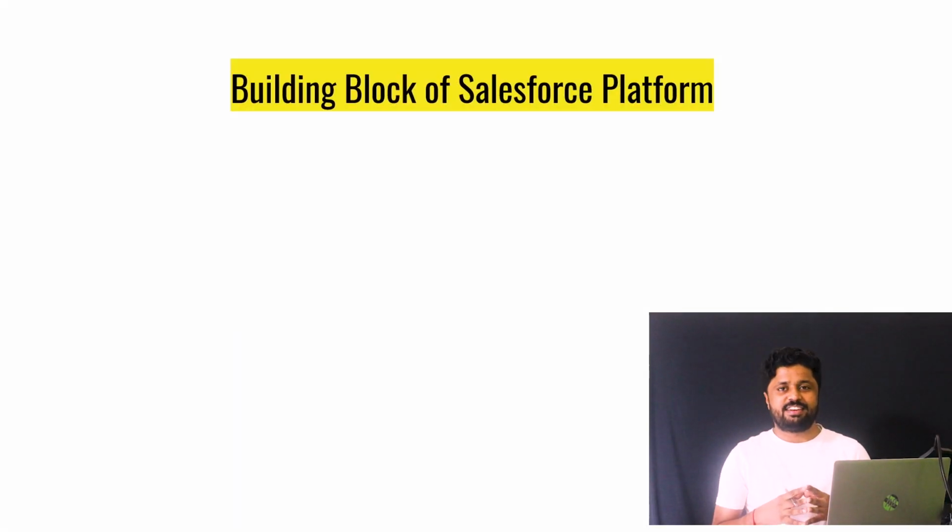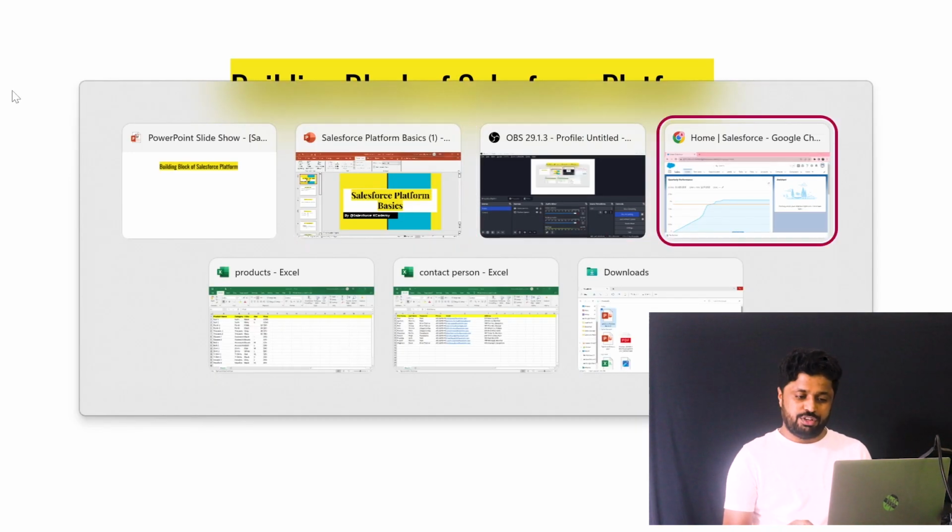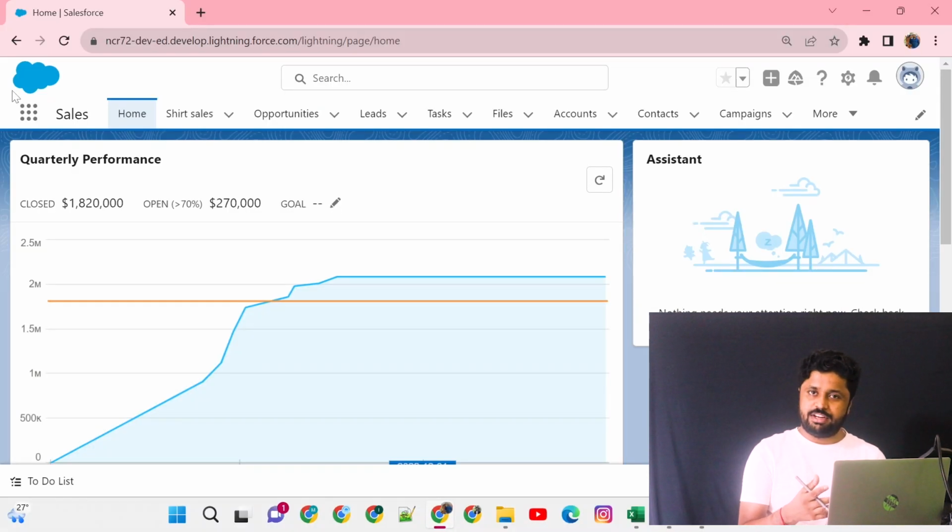In the previous slide, we have seen what a Salesforce platform is and its definition. In the definition, if you observe, the term says app. If you log into Salesforce, the first thing you will see is an application. I have logged into my developer environment, and once I log in, what I will see here is apps.